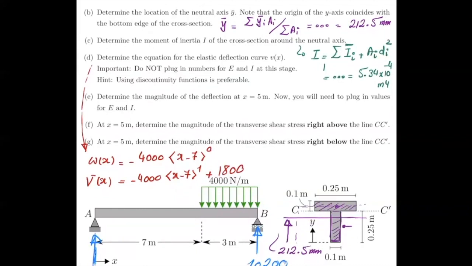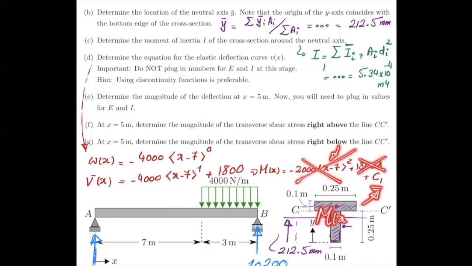Okay, once you have that, now you integrate this again. So M of x would be then minus 2000 times x minus 7 to power 2 plus 1800x plus, again, a constant. Let's call it again C1, if you don't mind. But let's again assume that x is equal to 0. If x is equal to 0, this gives us 0. So C1 here now is just the moment at x equals 0.